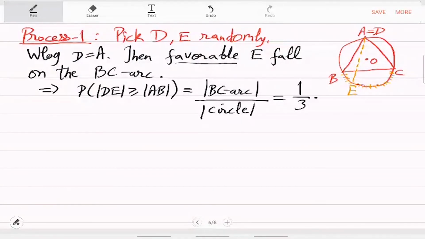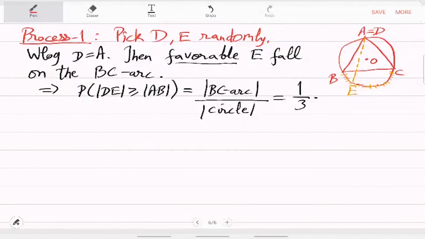If you follow this process of picking D and E randomly, then without going into the formalism of probability, it seems that 1/3 is the correct answer, because selecting BC arc should correspond to its length, right. And length is not infinite. Length is just, you can get it by 2 pi formula, right. So, length is just 2 pi by 3. So, from that you get this finite number, but this is not where the story ends.